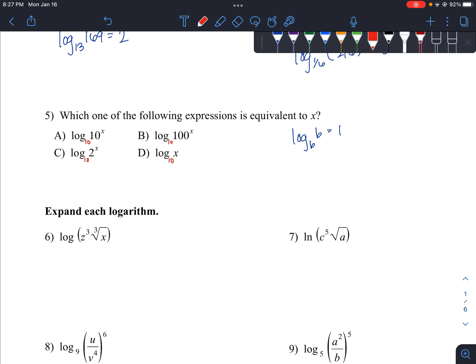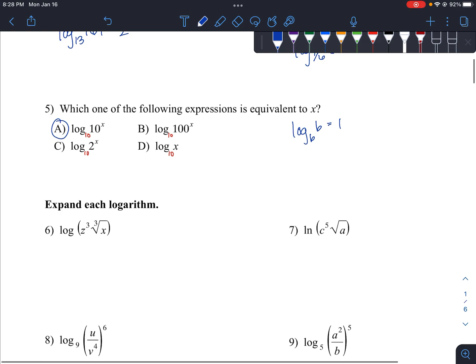You can see here that this is log base 10 of 10. Those are inverse operations, so this will result in just x. And so there you go, A has to be that right there.